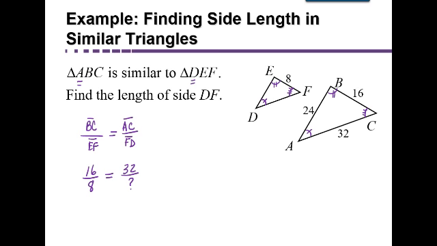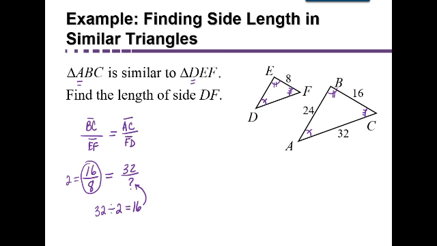I'm going to show you two ways to solve it. Notice that this is a ratio equal to 2. 16 divided by 8 is 2. So that means that the bigger triangle is twice as big as the smaller. So 32 is the bigger, so if we divide it by 2, we get 16. That must be the length of the side of the smaller triangle.